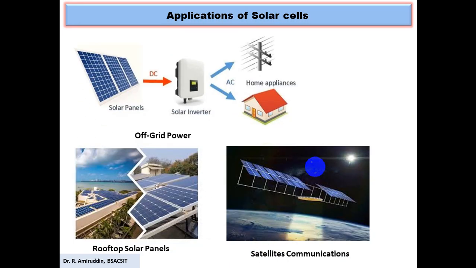And the application is very wide. We have application of solar cells on any rooftop, which converts the incident light into electricity, and we have off-grid power, and even now we have application of solar cells in satellite communications.